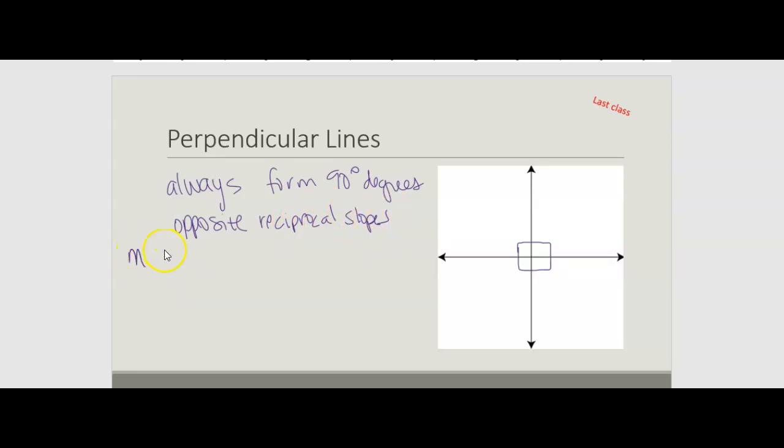For example, line 1, remember m is slope, maybe it's 1/2. And the perpendicular slope would be, we flip it 2/1 and make it negative. This is our symbol for perpendicular. We don't really have one for parallel. That's funny, isn't it? There is a symbol for perpendicular, but not parallel.